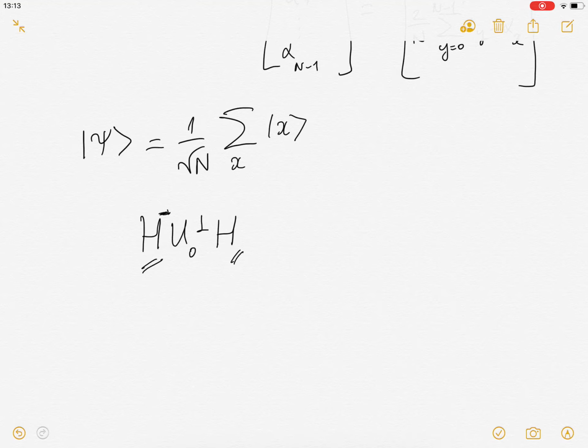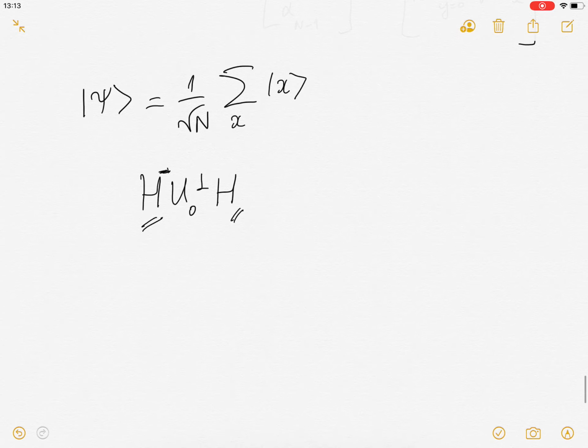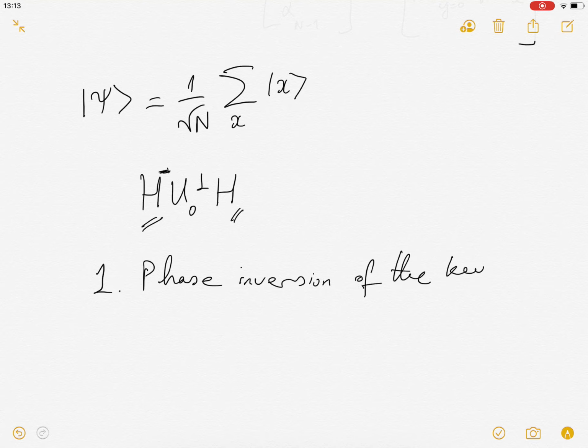And so in the end, what we get is an inversion around the average of the amplitudes of the basis states. Okay, so then we have two separate crucial steps: the phase inversion of the key value, and the inversion around the mean.